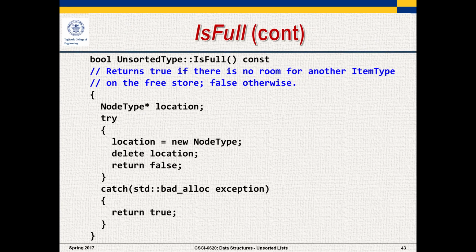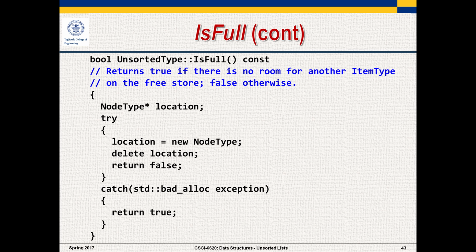It would look exactly like this in this case. We'll look at this again shortly when we talk about the code, which we're going to go over just to make sure that you understand how all these pieces fit together as C++. In this case, the Boolean IsFull method is going to attempt to return true if there's no room for another one, otherwise it will return false.